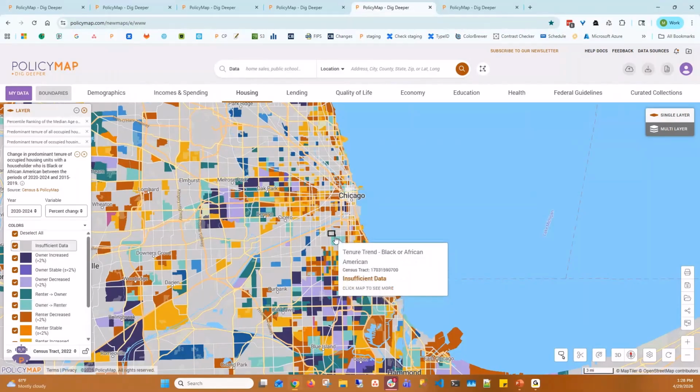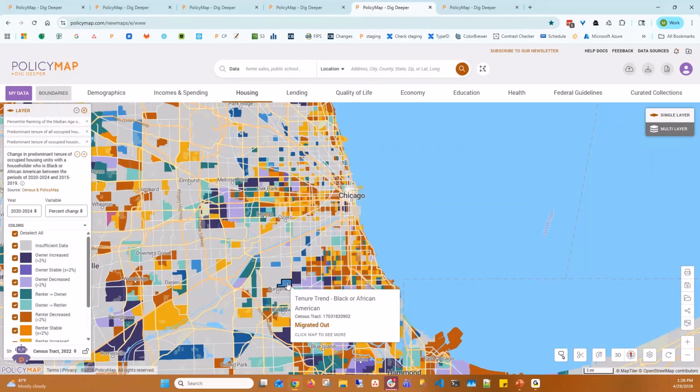So here we can see that this used to be, within the householders who are Black or African American, predominantly owner-occupied in this census tract, and it has moved more to renters.